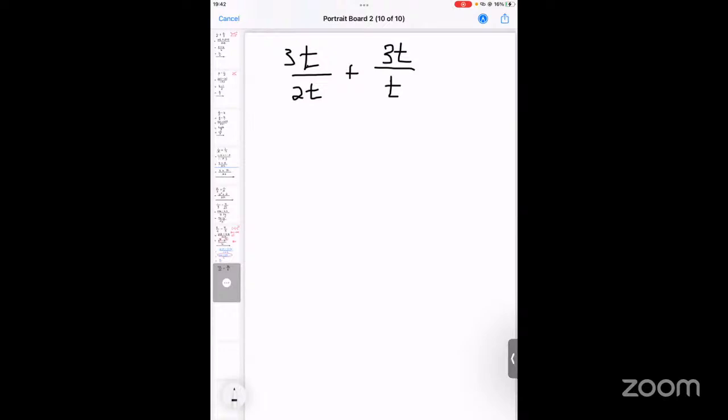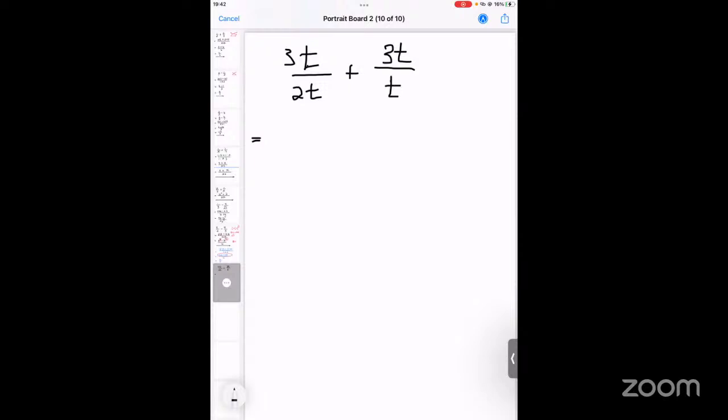Okay. And then, Langlihle, what's your final answer? My final answer was 9t to the power of 4 over 2t to the power of t. To the power of 2, I mean. To the power of 2. Okay. Then it makes sense. Okay. Busisiwe, maybe take us through. What have you done there?